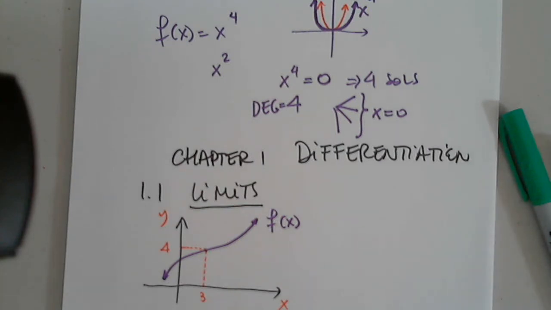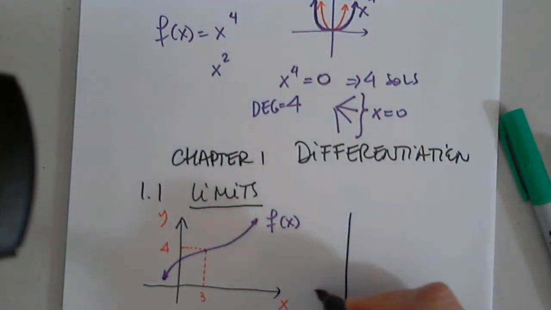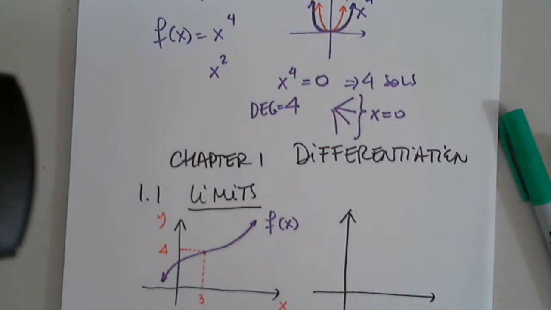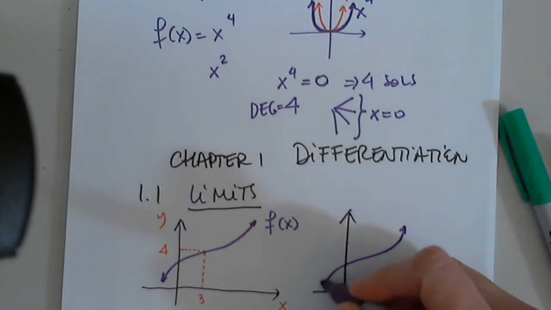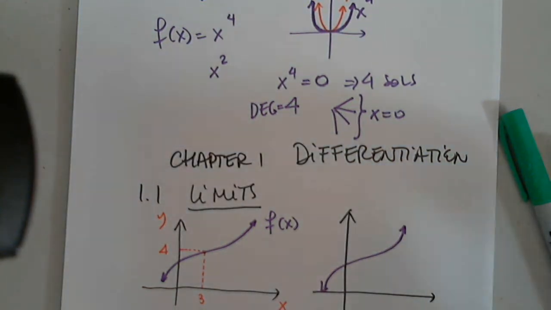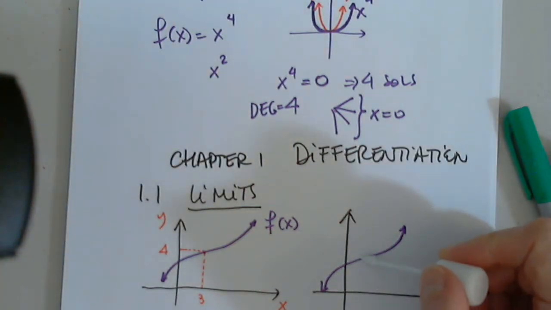One more example, the same function. I'm going to copy the same function again. It may not look perfectly the same, but I'm going to try. But this one has a hole.